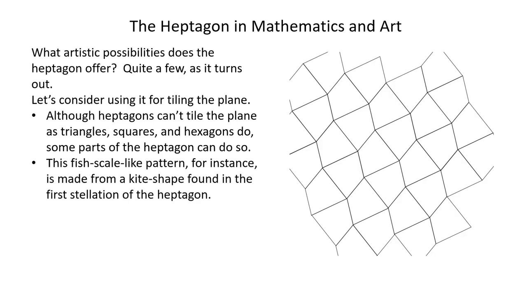So here's a fish scale-like pattern made from a kite shape that's found in the first stellation of the heptagon. You can see this pattern could be extended in all directions as far as we want. And although it's a very simple pattern, it has a kind of interest to it because of the odd angles that the kite shape forms, which are based on the interior angles in the heptagon and its stellation.